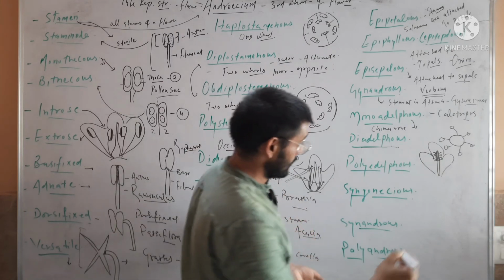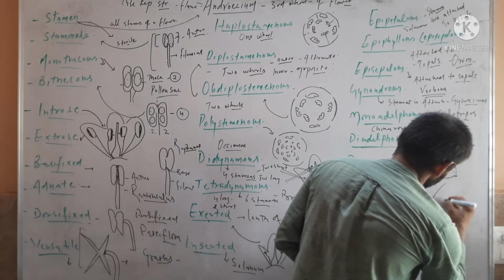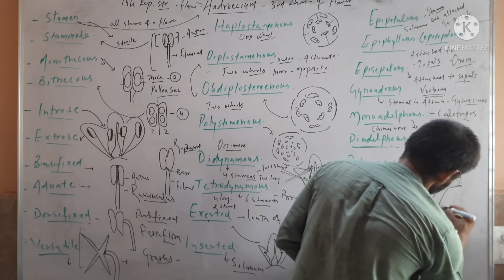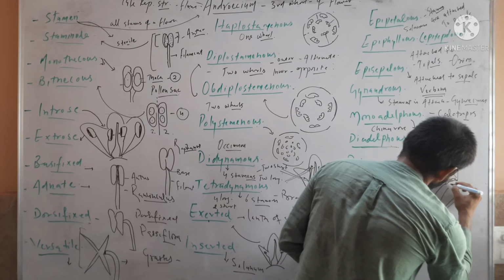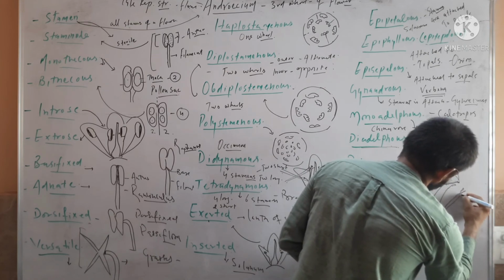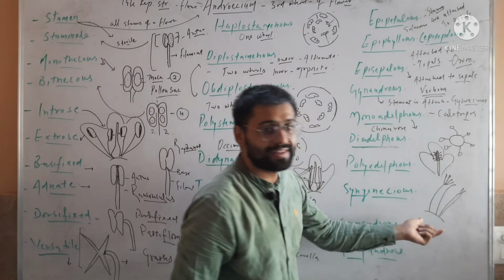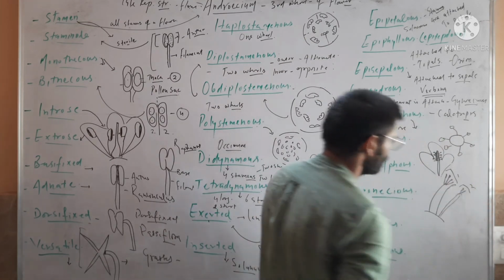Diadelphous. When there are two bundles, like this. So anthers are present in 2 bundles, 1, 2.